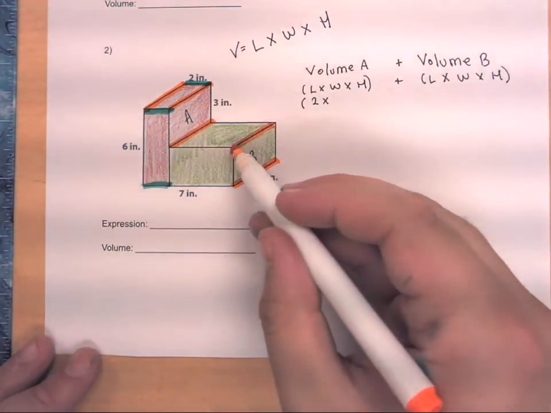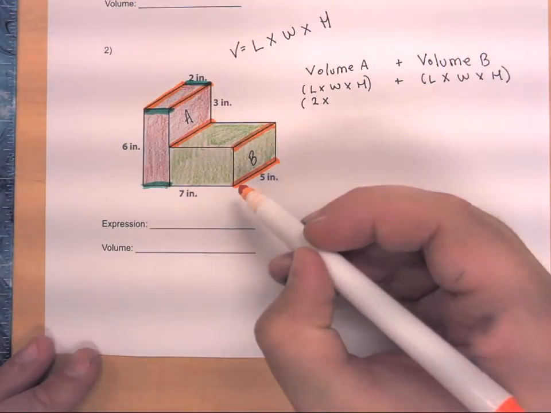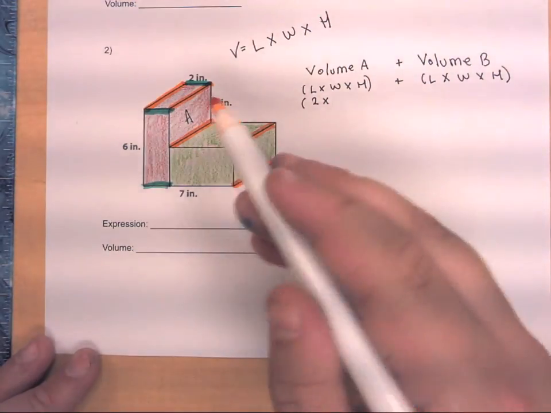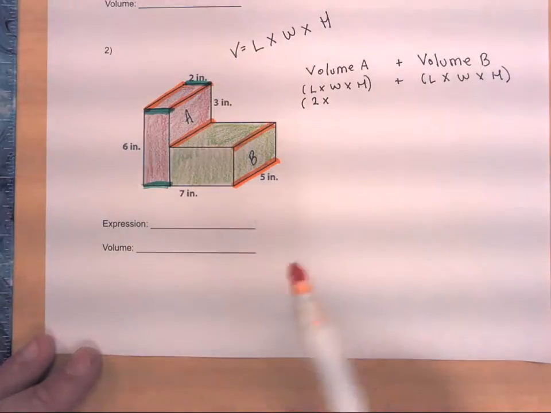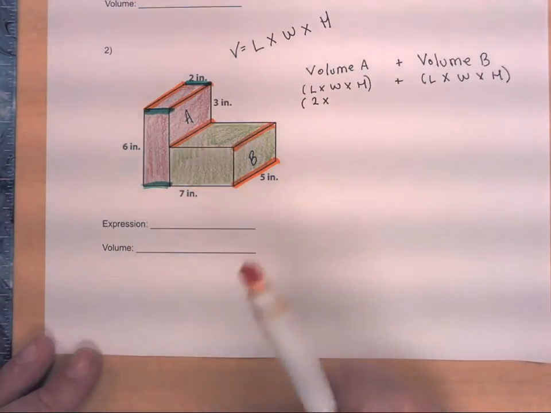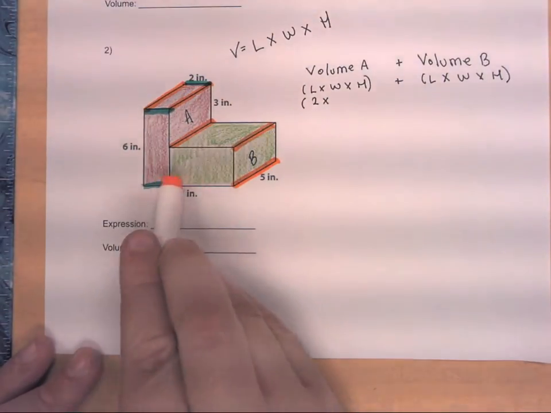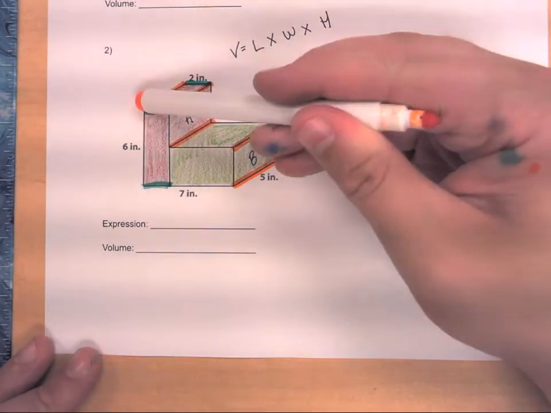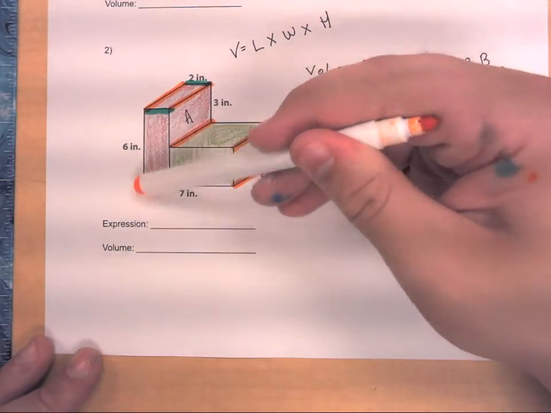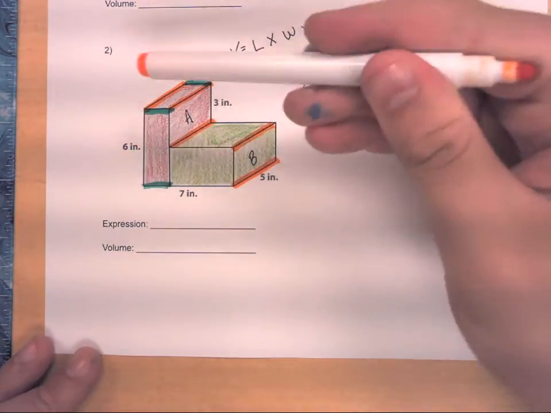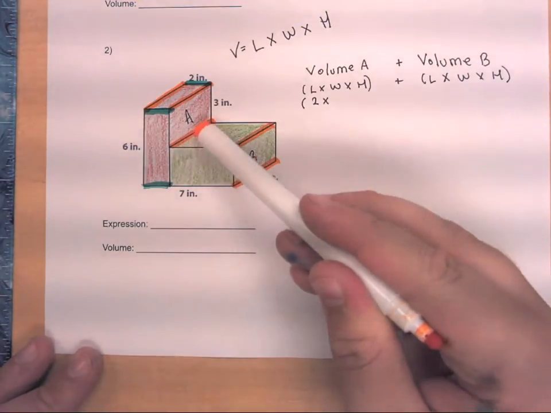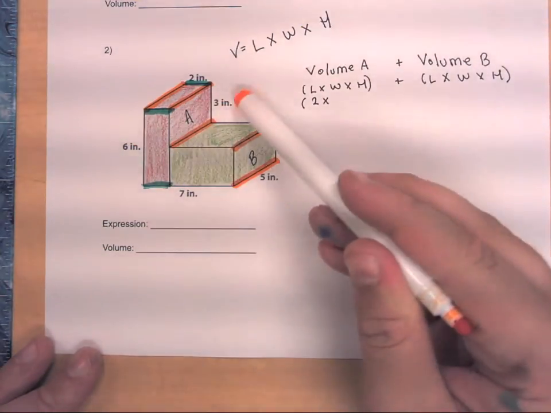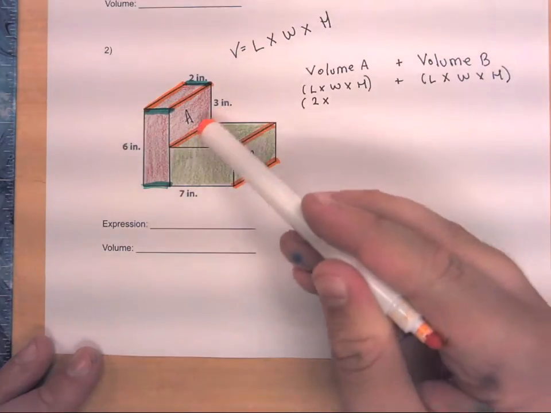So you'll notice that these width values are kind of going off in a diagonal type direction, as opposed to the length, which is more side to side, okay? And the height is going to be up and down. So width is that measure that is going to be extending off in a more diagonal type direction.